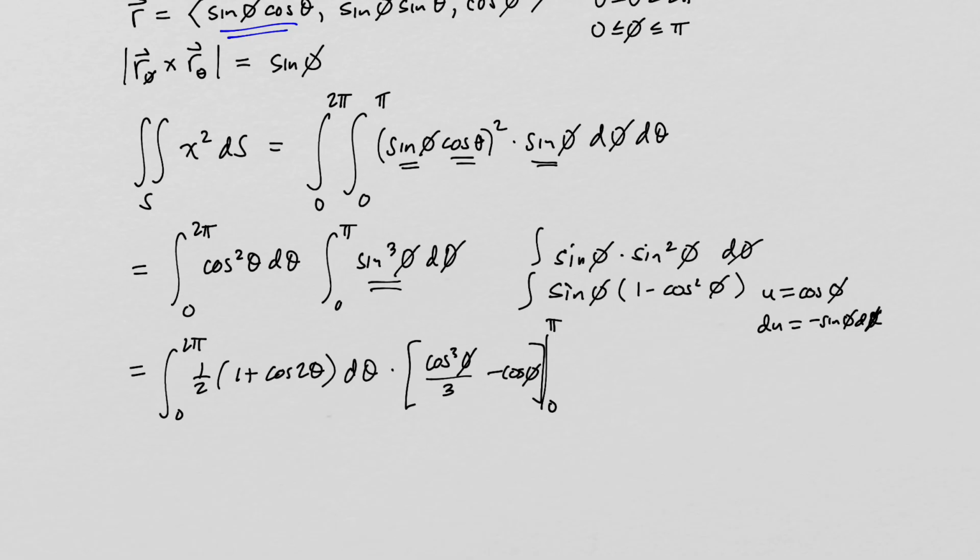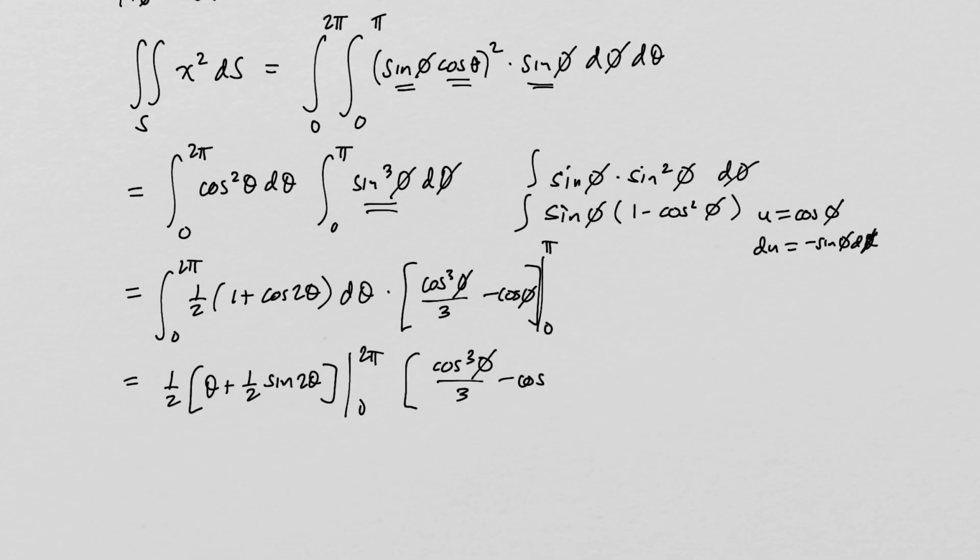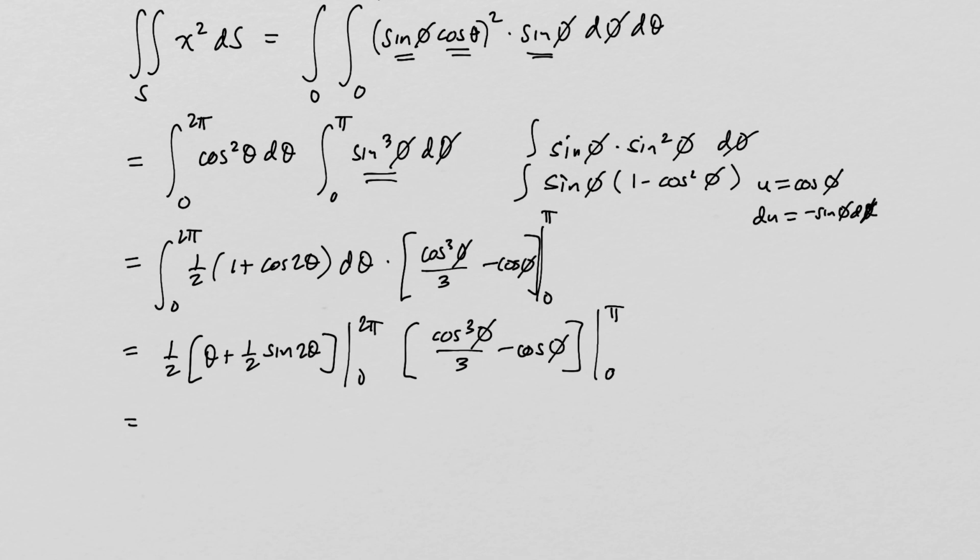All right, and then of course this other integral is simply going to be 1/2 theta plus 1/4 sine of 2 theta from 0 to 2 pi. And then we'll bring in this other one down here. So, a little bit of work, but by now these should be fairly straightforward. Here we're going to have 1/2 times 2 pi.